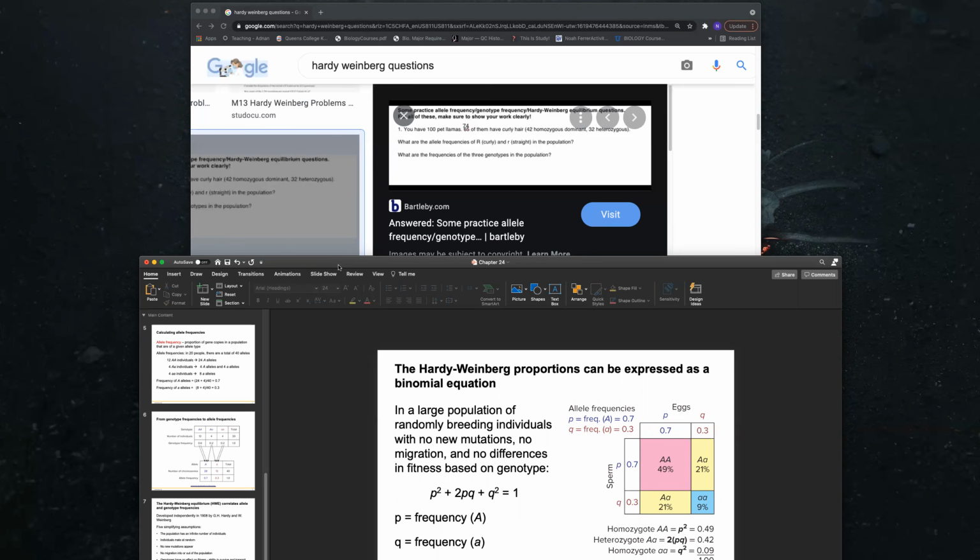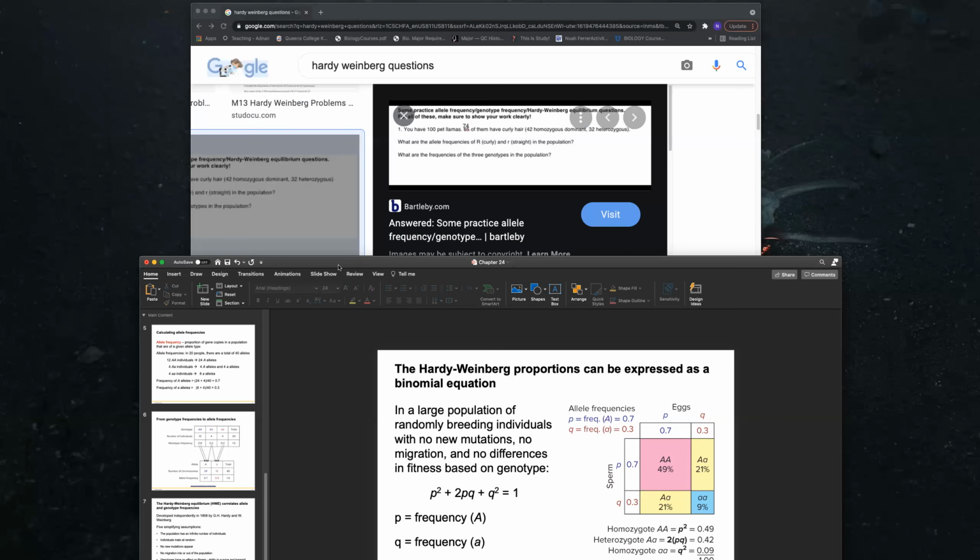P itself is just the frequency of the dominant allele, the total amount of capital A. Now, total amount of homozygous capital A is going to be P squared.